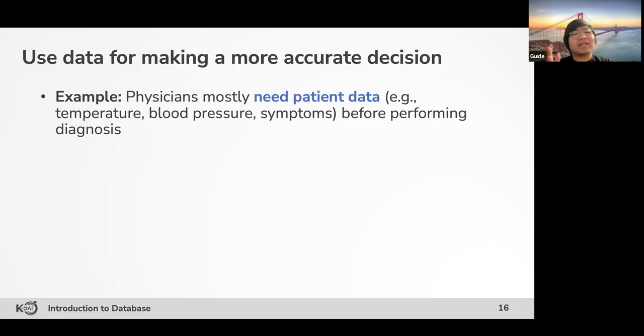Even though they cannot guarantee, they cannot say exactly, okay, this is your illness, but based on the amount of information, they can scope down the type of disease given the data that they have.